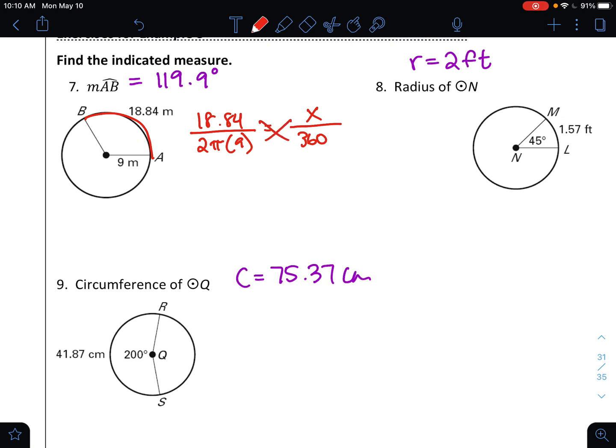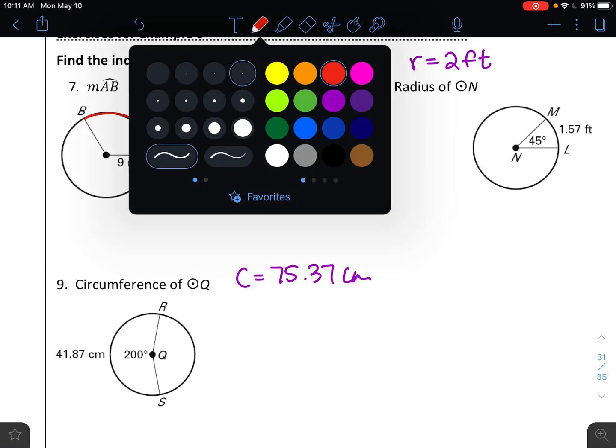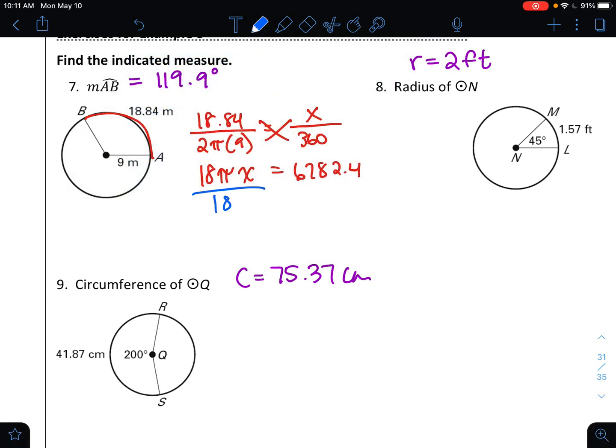So let's cross multiply. I'm going to do 9 times 2. I'm going to leave this as 18 pi times x. 360 times 18.84 is 6,782.4. And then here's what I'm going to do. I'm going to divide by both 18 and pi.